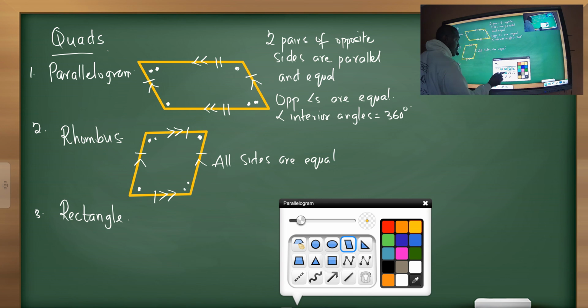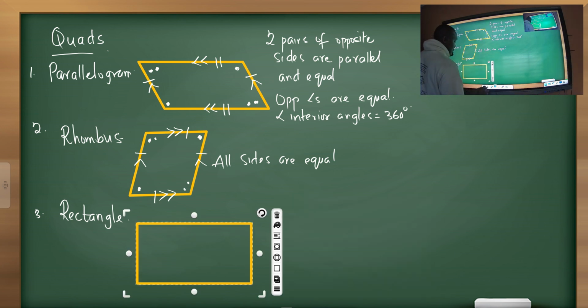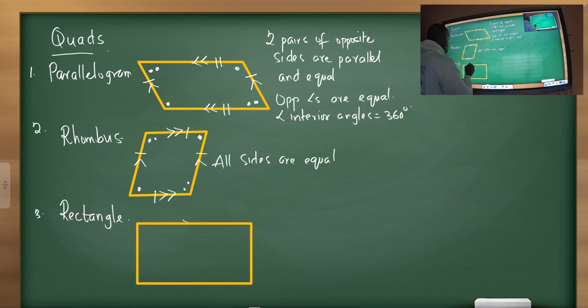Number 3 is to look at a rectangle. And what do we know about a rectangle? I can get a rectangle from here. Lovely. All right. Again, like we've done earlier on, the sides are parallel and not just parallel. That is equal to that. But what is the difference between a parallelogram, the first one, and a rectangle? The angles here are 90 degrees.